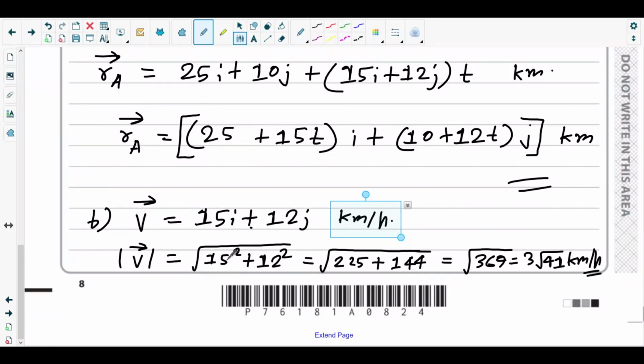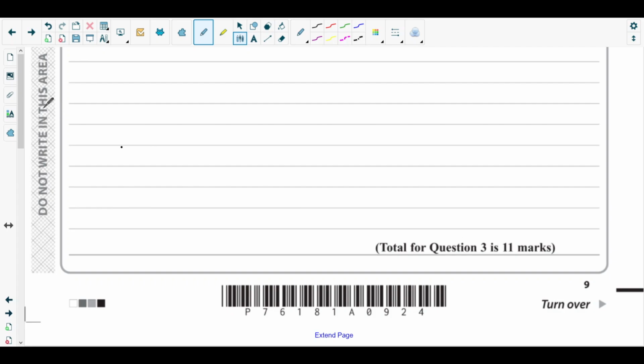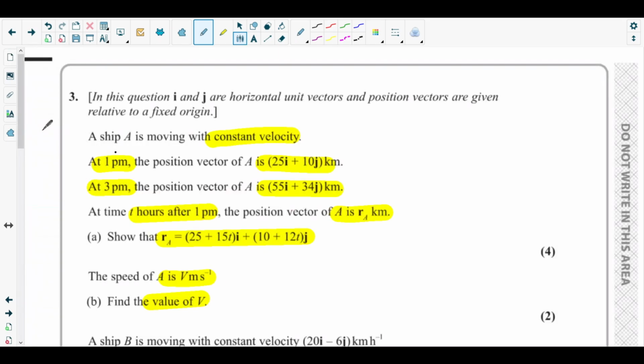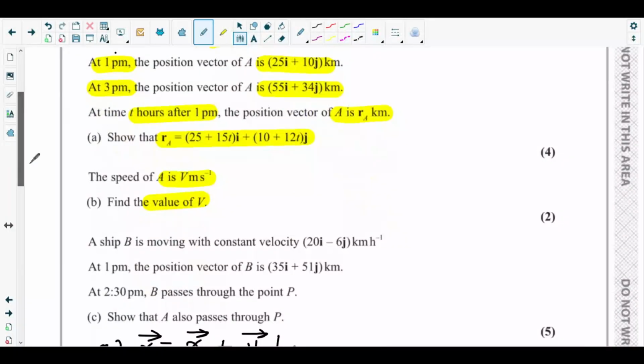So the value of v is 3 square root of 41 kilometers per hour, and that's exactly what part B of question number 3 asked for. Next is part C.